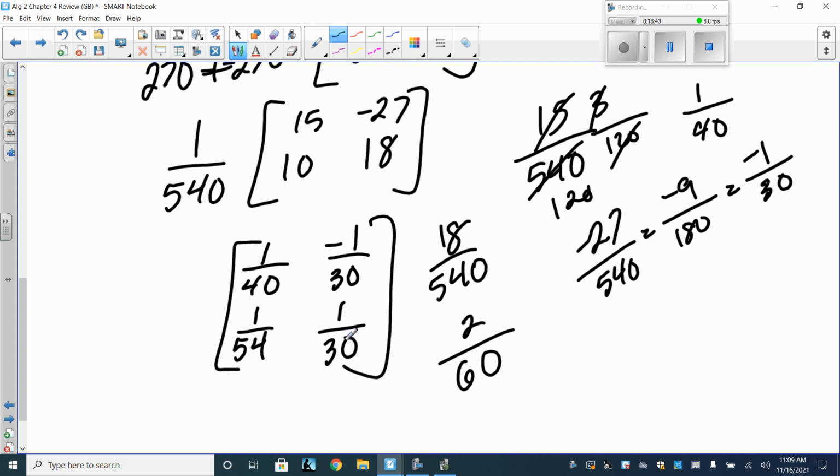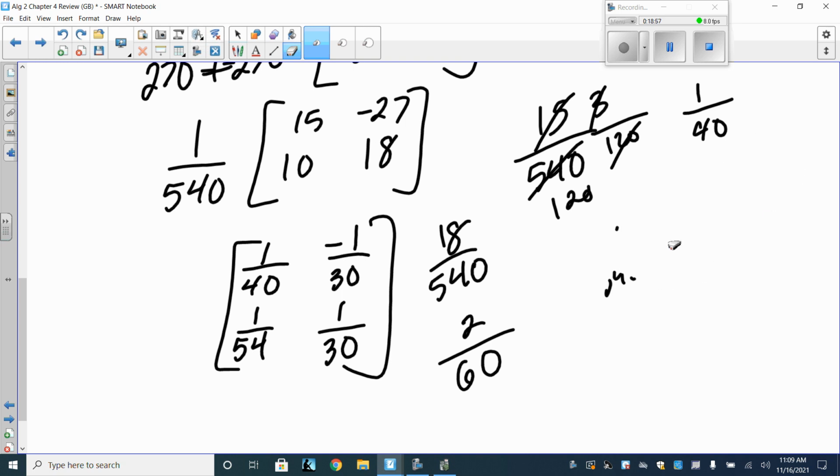Because here, because 3, 1, 24, well, the issue isn't so much this being 130, it's the fact that these are both the same. Because up here, negative 27 and 18 aren't the same. There's no way they can reduce to the same number.